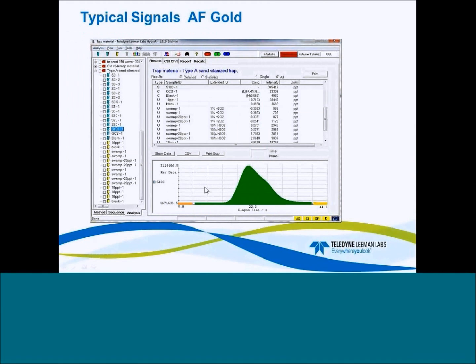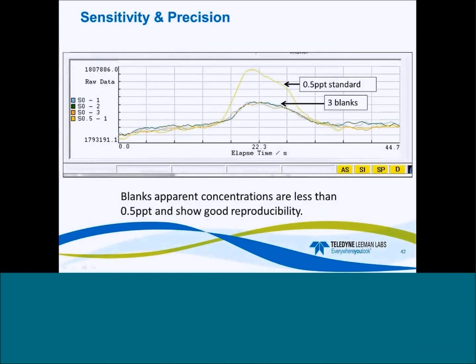This is what a typical peak looks like. This is actually our high standard, the 100 parts per trillion standard that's been displayed here. It is a peak. It's not a plateau anymore because it is being eluted off of the gold trap.